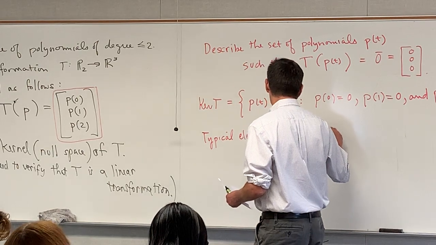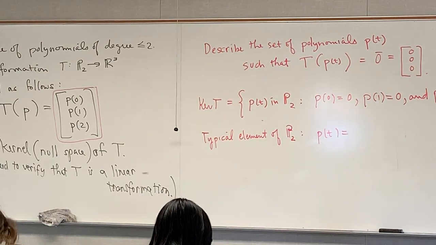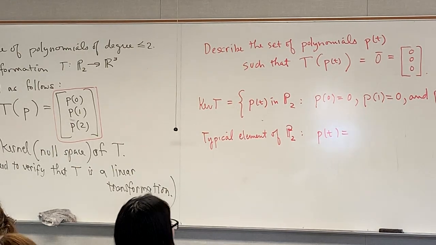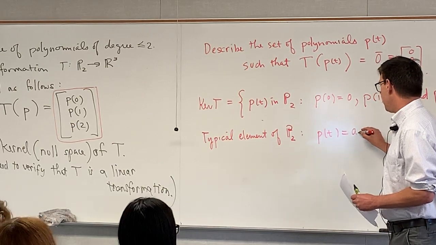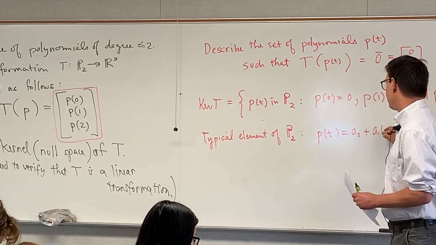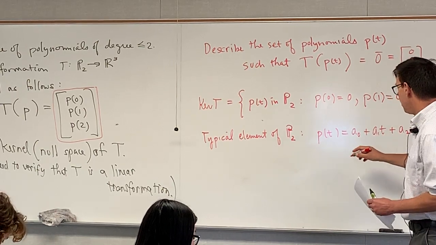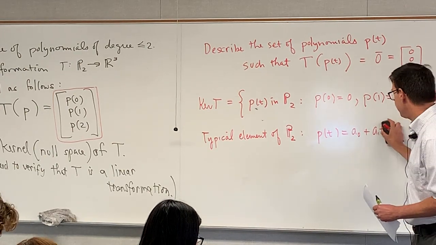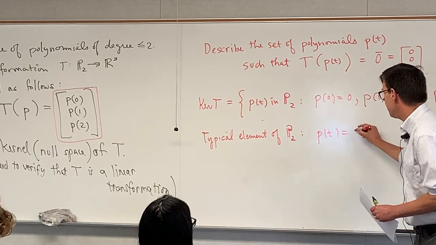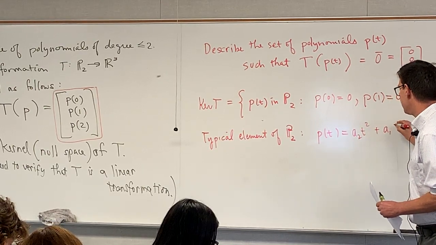is P of t equals, now you can choose the variables here. You could use A, B, C, you could use subscripts, you could say A0 plus A1t plus A2t squared, or write that in reverse order. I don't know why I put the constant first.